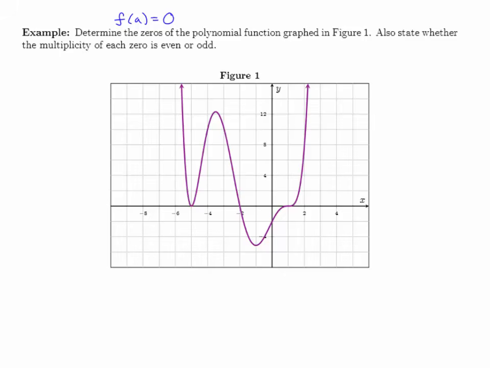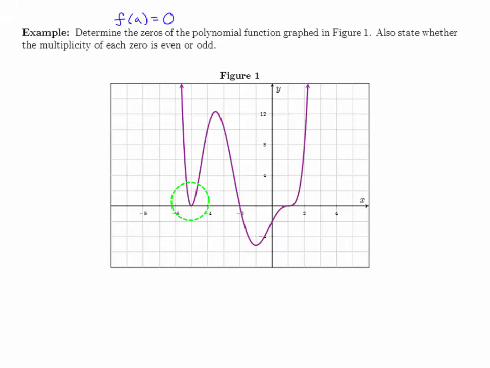So we'll look along the x-axis, and anywhere that we see that function either touching or crossing that x-axis, in other words, having a function value of 0, that input value will be the 0 of the function. So starting on the left here, we can see that at -5, our function value is 0.